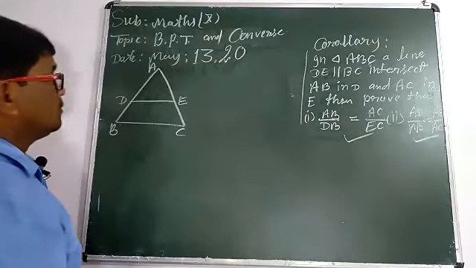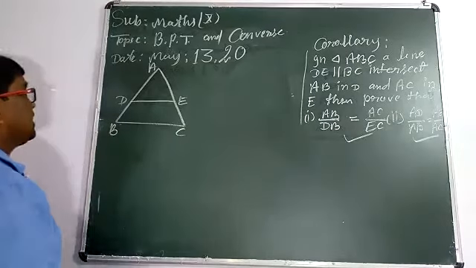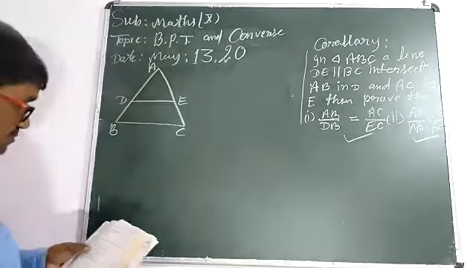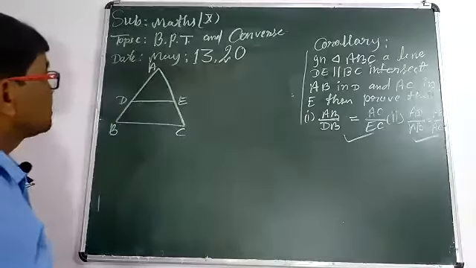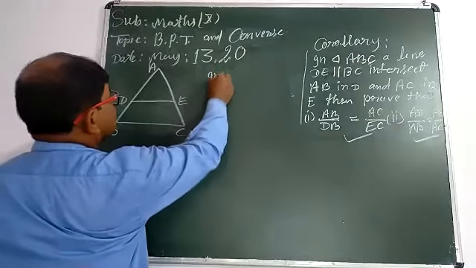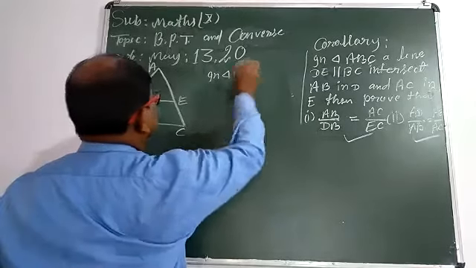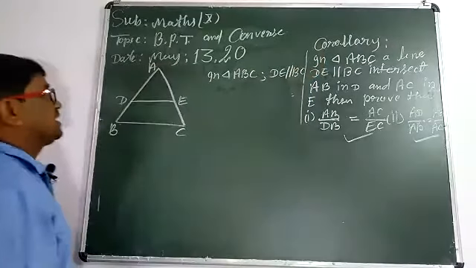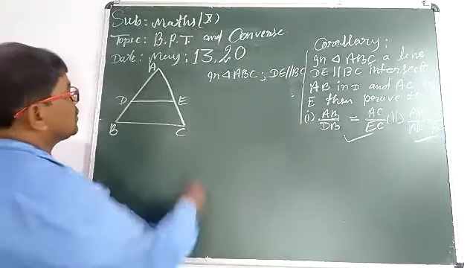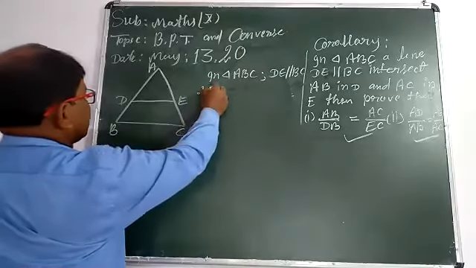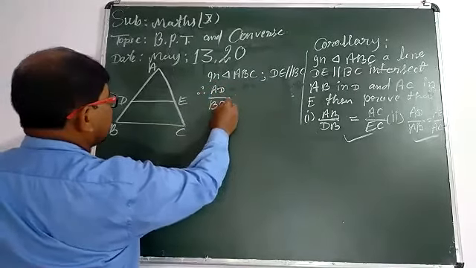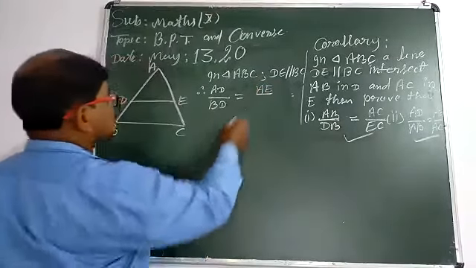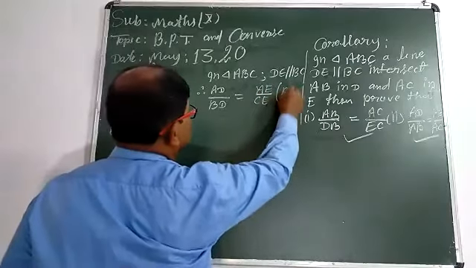In triangle ABC, DE is parallel to BC, that is given, so that AD upon BD equals AE upon CE by BPT.